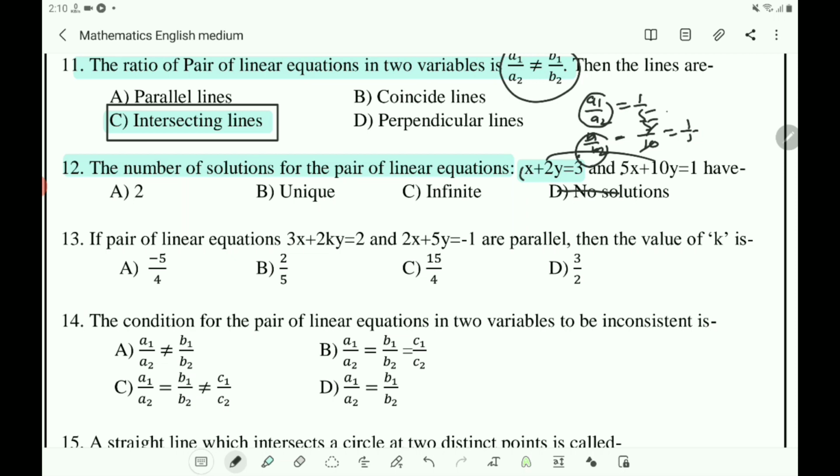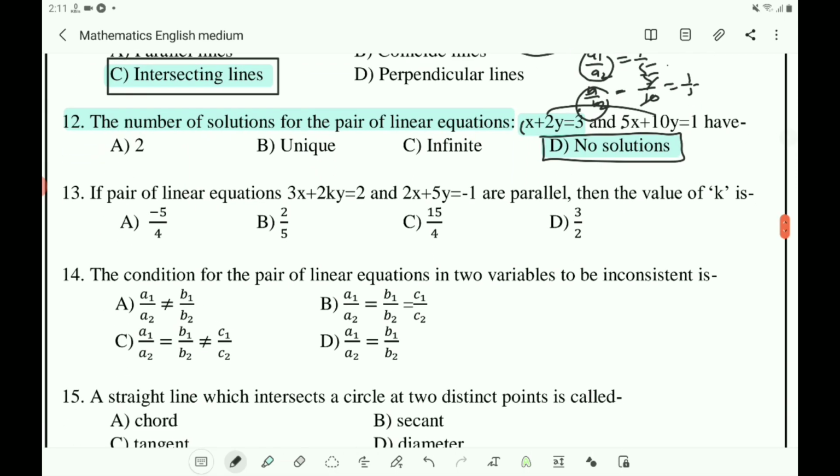So what is the answer here? Option D, no solution. Note down the answer. Therefore, you can choose the answer option D, no solution.